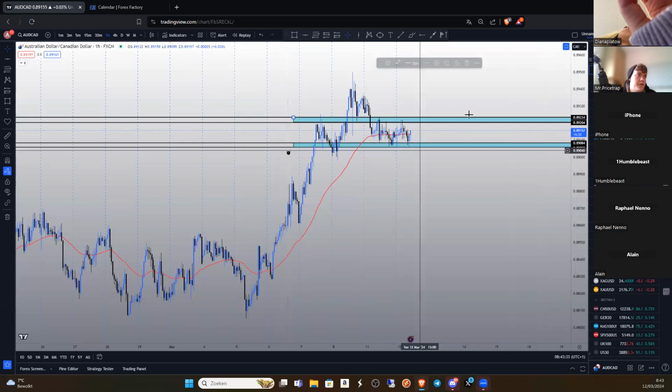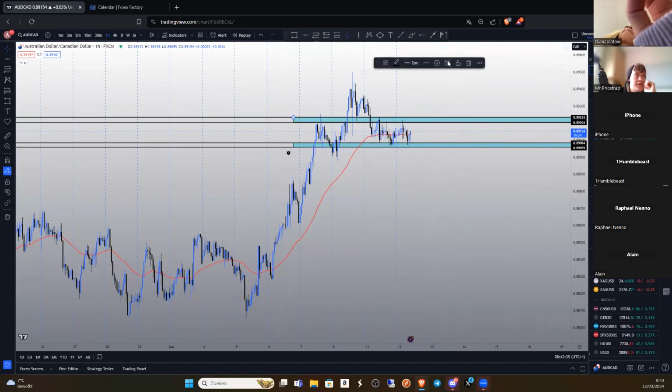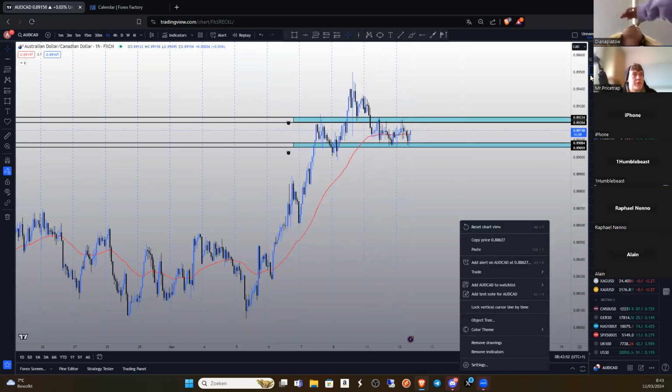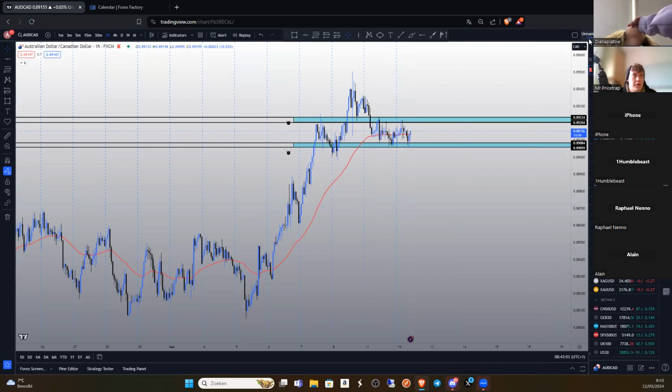Okay. So right now, for example, here on the resistance zone, I'm going to click alert, crossing up once per bar close. Then you will only get an alert if the market closes above your high, and then you can get an alert that the market broke out from your resistance zone, or support zone, depends.